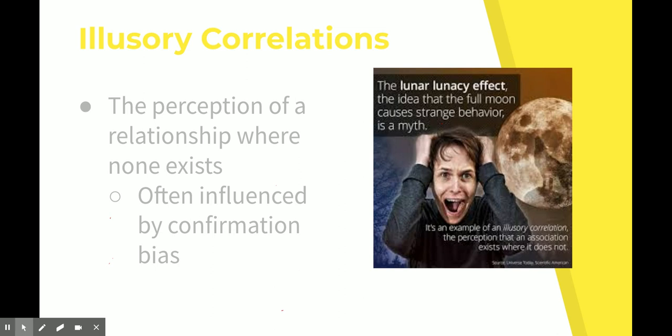So we think there's an association there when in fact there is not. And often these are influenced by confirmation bias. If I already think people act strange when there's a full moon, I'm going to search for events to help prove it's true. But there could be events happening when there's not a full moon and I'm just not looking for them. So be mindful of illusory correlations.